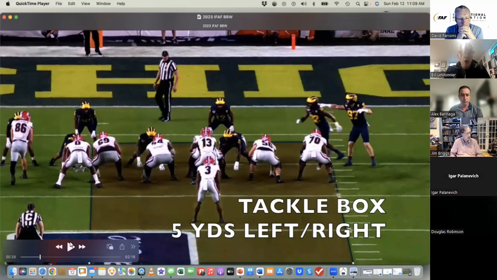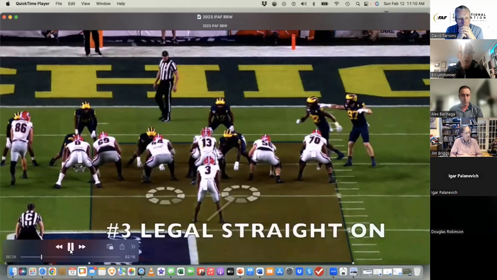However, as we look, we also see the back and the wing, the number 0, which we'll talk about in a second. But number 3 here is permitted to block below the waist, but he's got to keep that block 10 o'clock to 2 o'clock, in front of him. If he goes outside that and cuts from the side, then you have a foul.